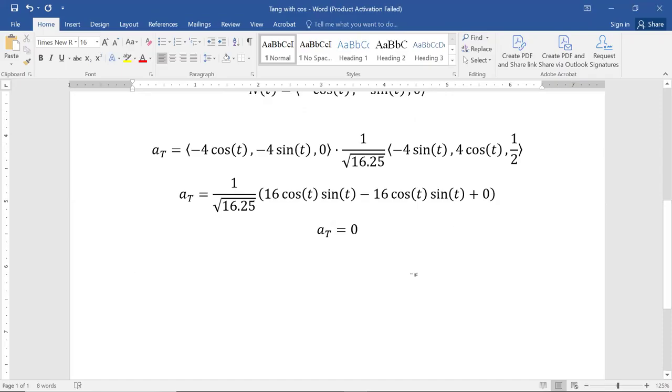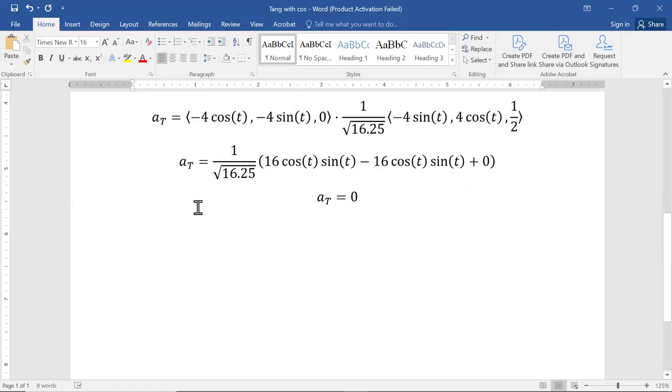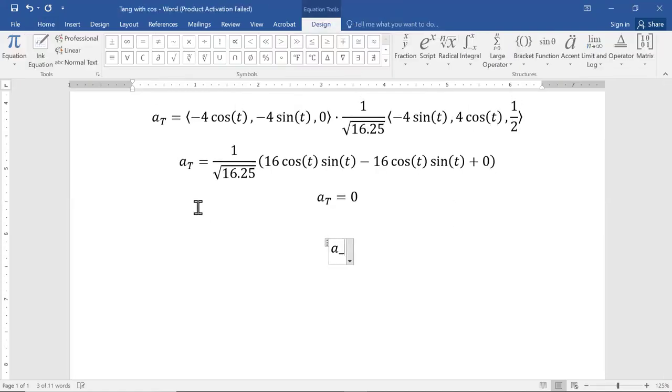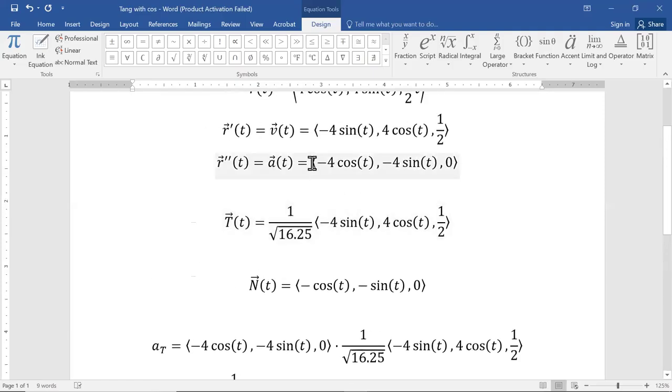What about A sub n? Well, A sub n is going to be the dot product of acceleration and my unit normal vector.